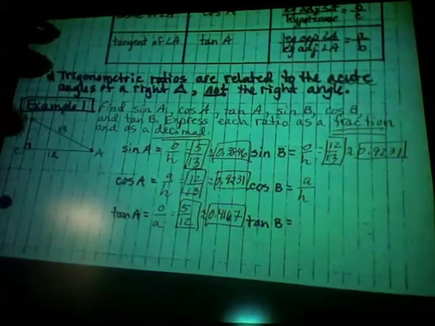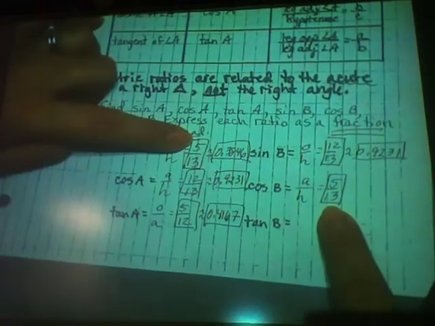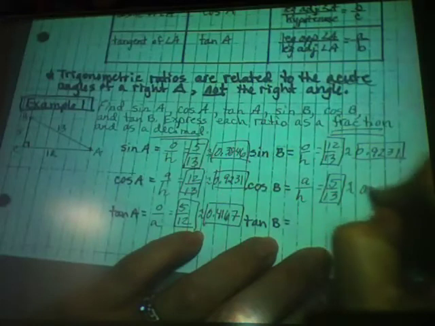Leg adjacent. The 5, because the 13 is the hypotenuse, right? So 5 over 13. And again, isn't that the same as my sine of A? And so we already know that decimal. 0.3846.